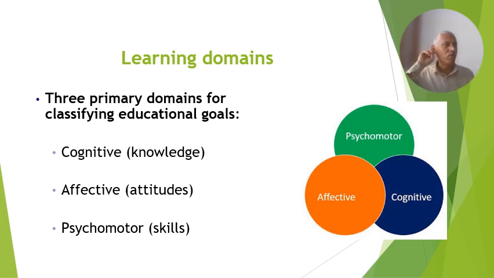It could be related to whether they are receiving something, responding to something, or if it is changing their values, and it can be at different levels. So it could be related to their attitudes, their knowledge, or the practical, physical things they are capable of doing. So your objective can be in all those three areas: cognitive, affective, and psychomotor.